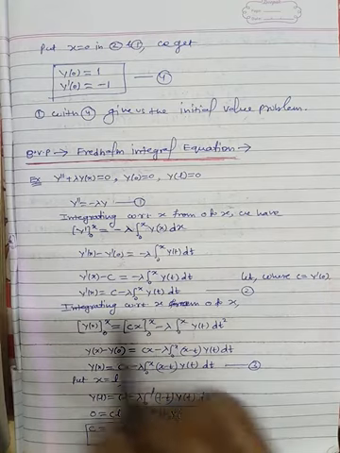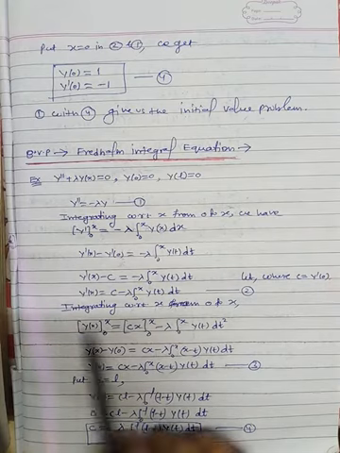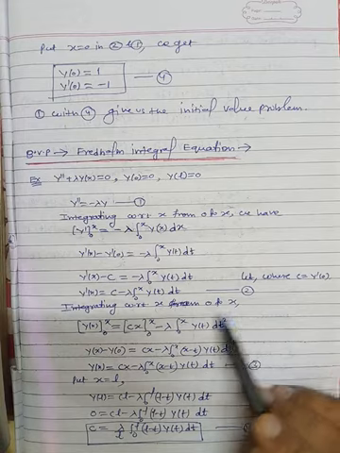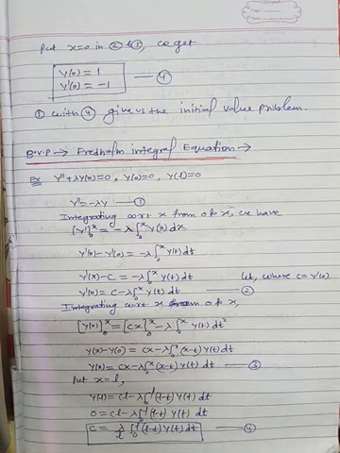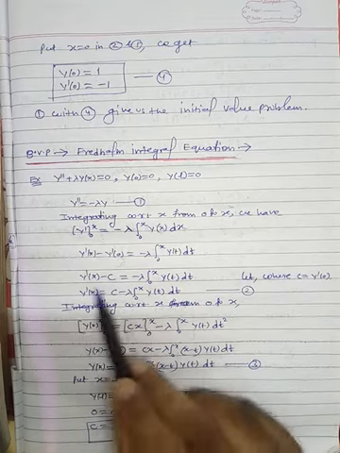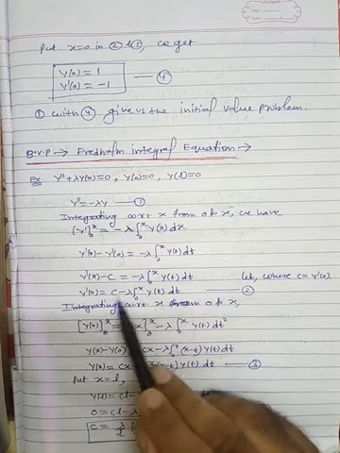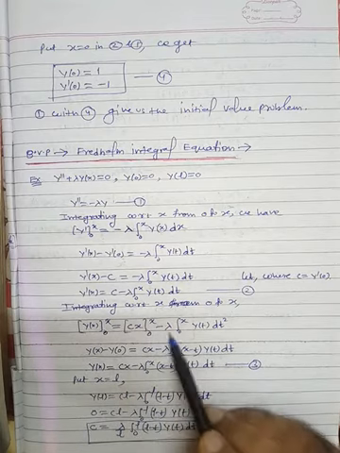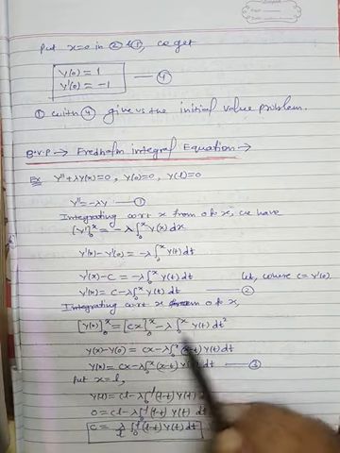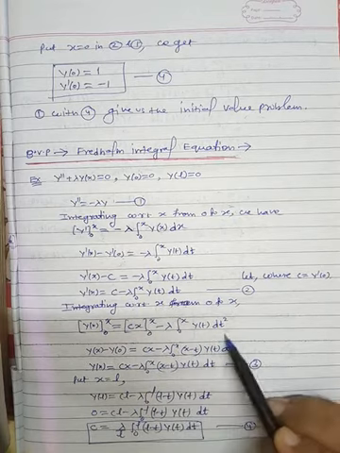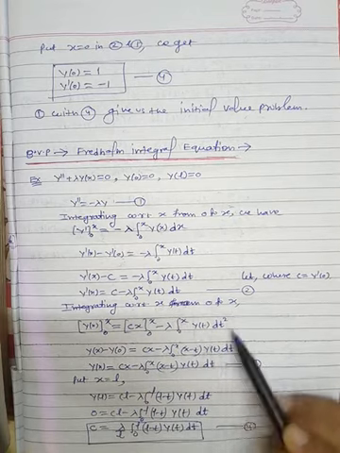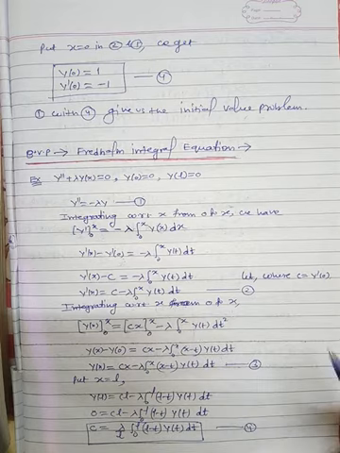Fine. Now integrating again with respect to x and taking the same limit 0 to x, we do the same procedure. So y(x) from 0 to x is equal to c x in the 0 to x limit minus lambda second integral y(t) dt squared, and now we will convert this second integral into a first integral.